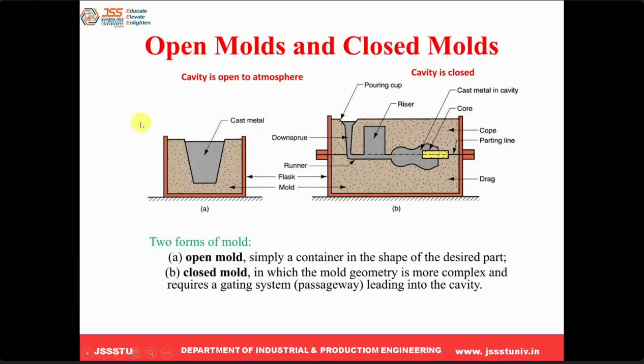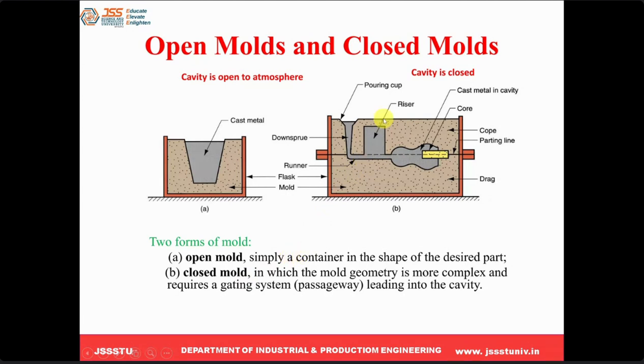So in a typical mold, there are two types of mold we are going to use: open mold and closed mold. An open mold consists of only one molding box. It is open to the atmosphere basically. So here we pour the material from outside the box, usually at the top portion, for simple shapes. But when the shape is complex in nature, we prefer the closed mold.